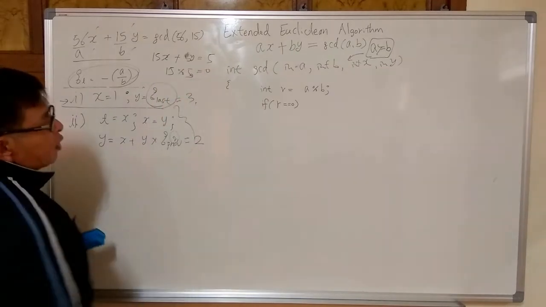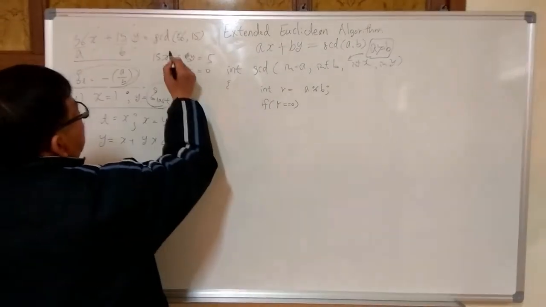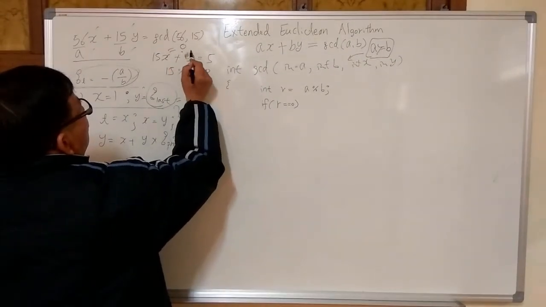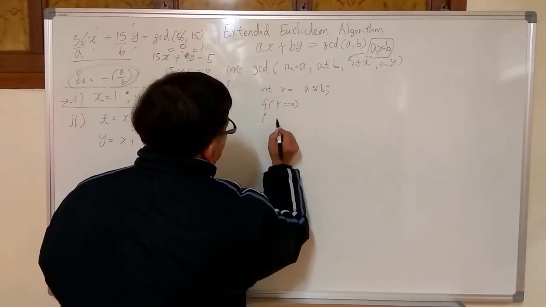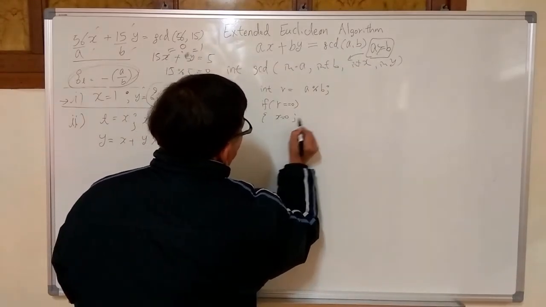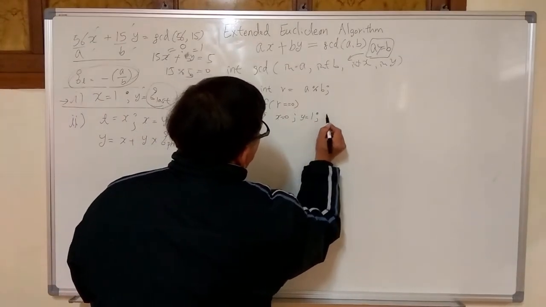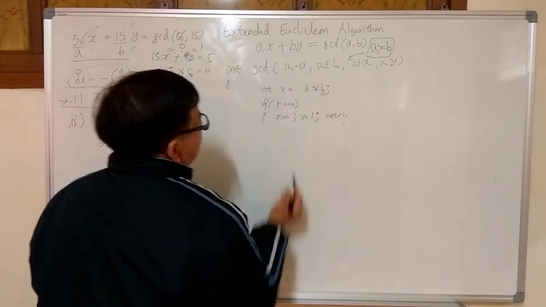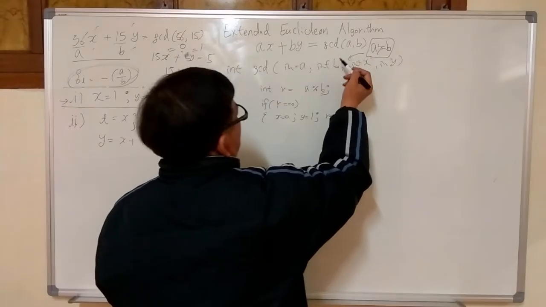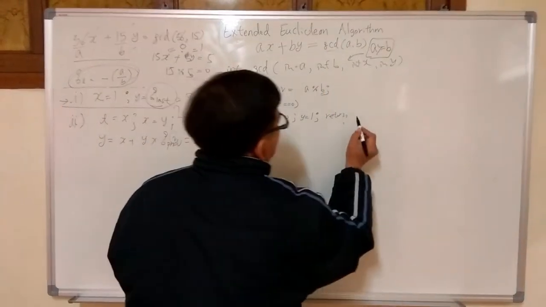The remainder is 0, so it means x equals 0, y equals 1. So you have to remember x equals 0, y equals 1, then return b. b is the remainder, the GCD, so return b.